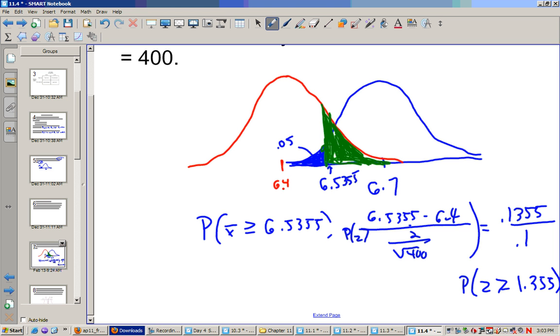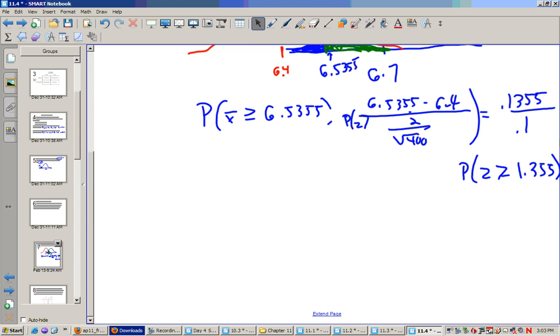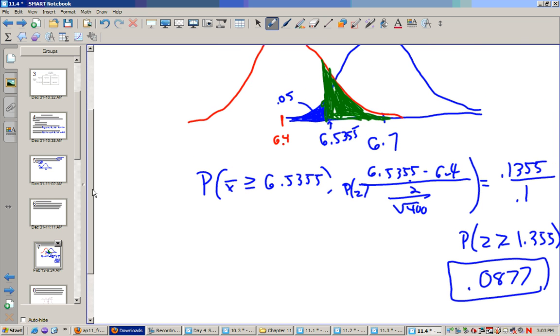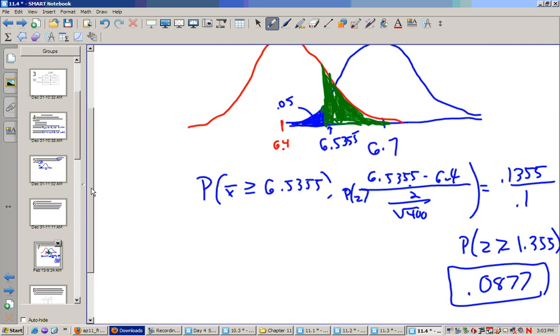I'll do a normal CDF from 1.355 to a very large number, and I will get 0.0877. So about 8% of the time we will fail to reject the null when it's 6.7, when it's actually 6.4. So that's our type 2 error.